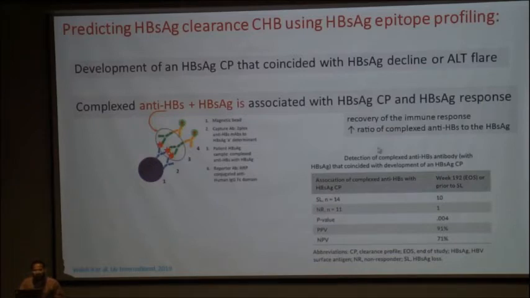So an increase in the ratio of this anti-HBs HBsAg complex to the free HBsAg is a determinant of recovery of the humoral immune response against hepatitis B. This complex was identifiable in 10 of the 14 patients who achieved functional cure, while only 1 in the others, with a high negative predictive value and positive predictive value.